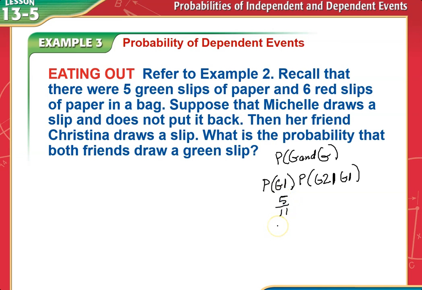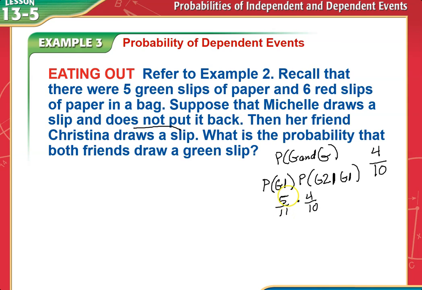Now, if the green slip is not put back in, then there is 1 less green one in there, so there's only 4 green ones left, and there's 1 less slip to pick from. So the probability that you pick a second green, given that the first one we picked was green and not put back in, would be 4/10.